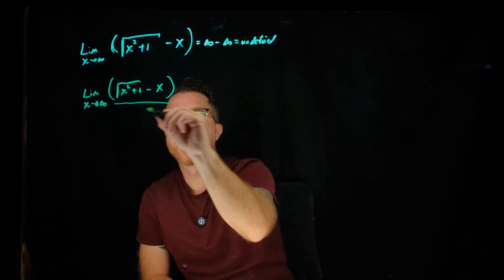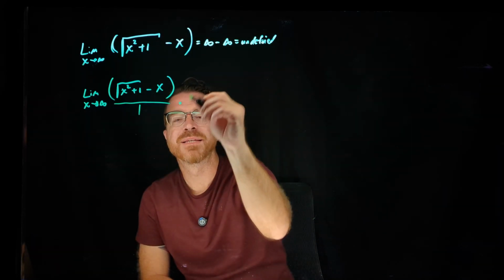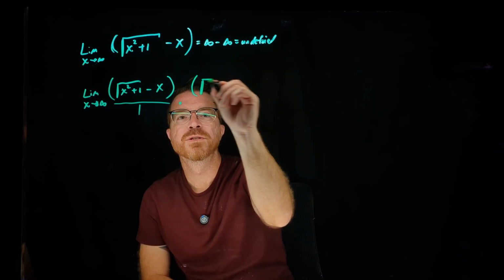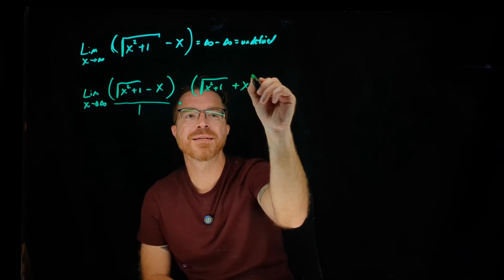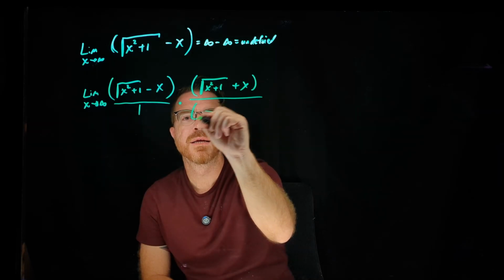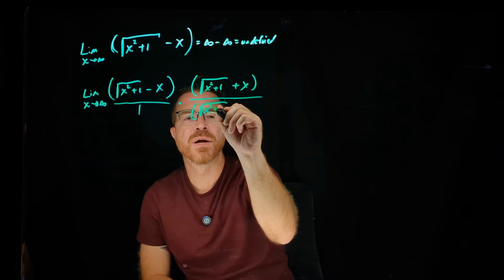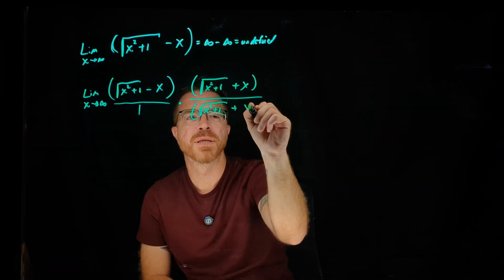We're going to think of this as a fraction over 1, and multiply by the square root of x squared plus 1 plus x, divided by the square root of x squared plus 1 plus x.